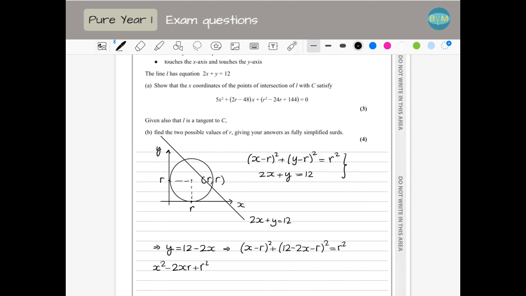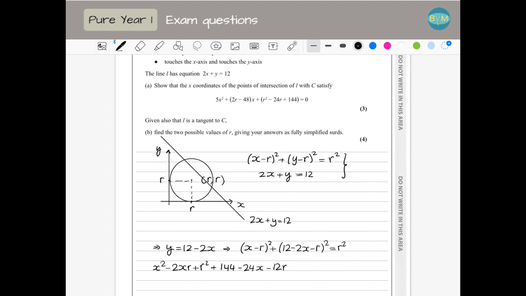That's the first bracket. The second bracket is going to be a bit longer because I have 3 terms by 3 terms. So I have 12 squared, which is 144, plus 12 times minus 2x, which is minus 24x, then minus 12 times r, so minus 12r.